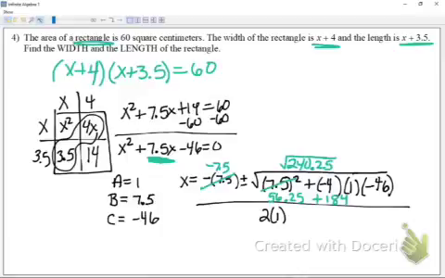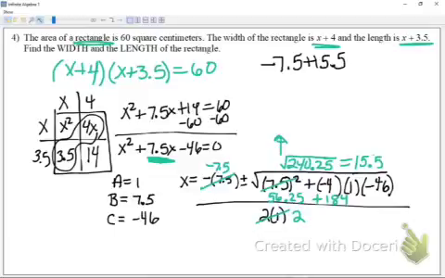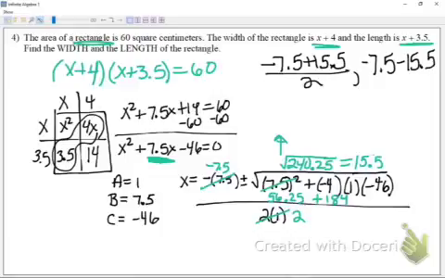Take the square root of that, and that gives us 15.5. Okay, see, you guys thought those numbers were going to get bad. On the bottom, 2 times 1, guys, is just 2. When I do this problem, simplified out, I have negative 7.5 plus 15.5 over 2 and negative 7.5 minus 15.5 over 2.